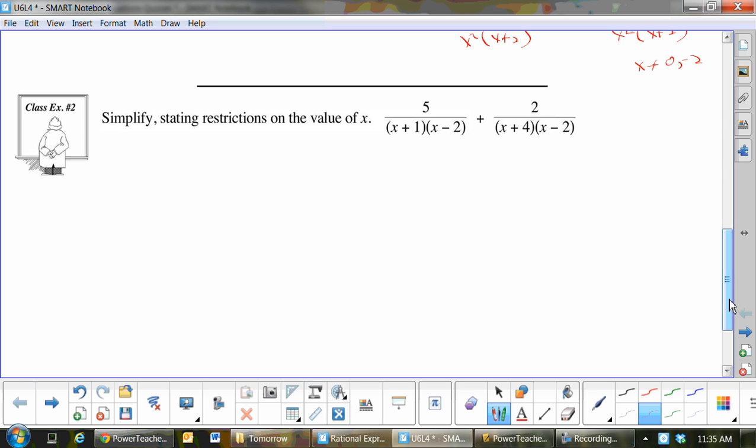In other words, what is something that both of those denominators could go into? What would it be? X plus 4, x plus 1, and x minus 2. Can both of those go in there?